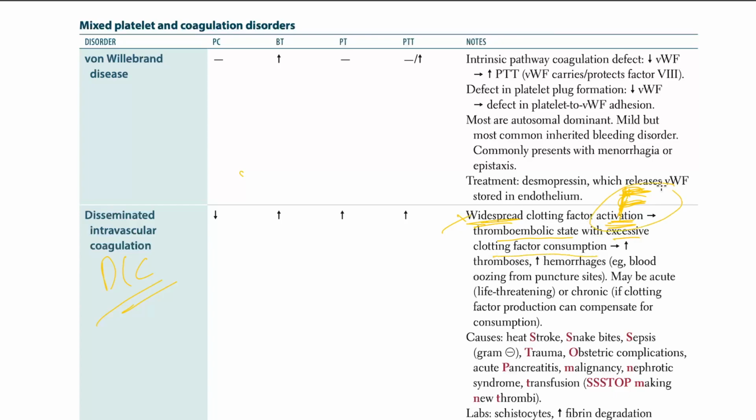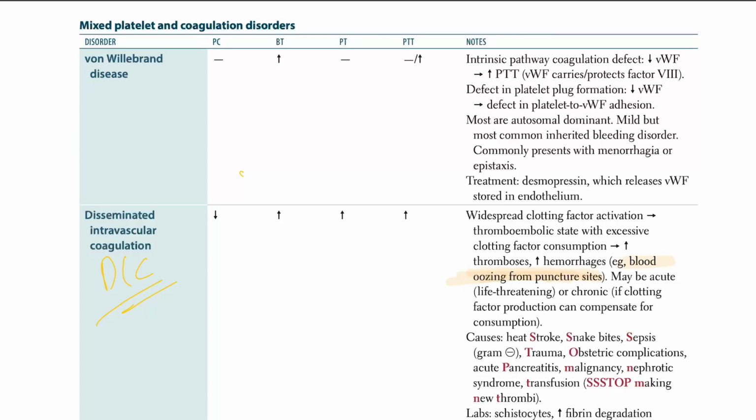You have consumed the factors, which leads to increase in thrombosis, increase in hemorrhages. Example, blood oozing, very important now. That's the only scenario you see blood oozing from the punctured site or IV sites.